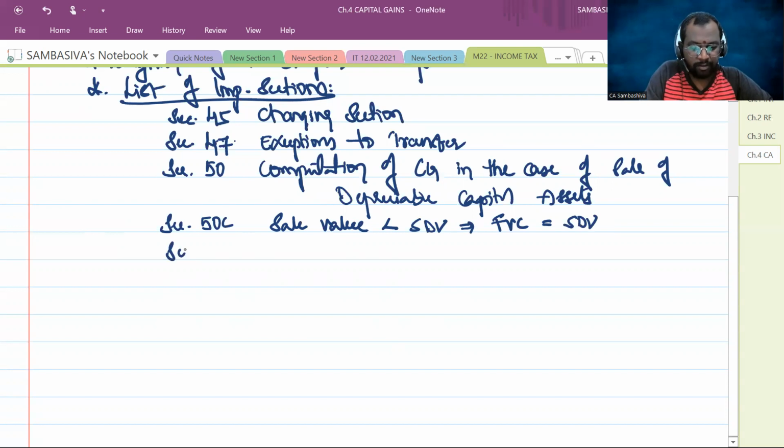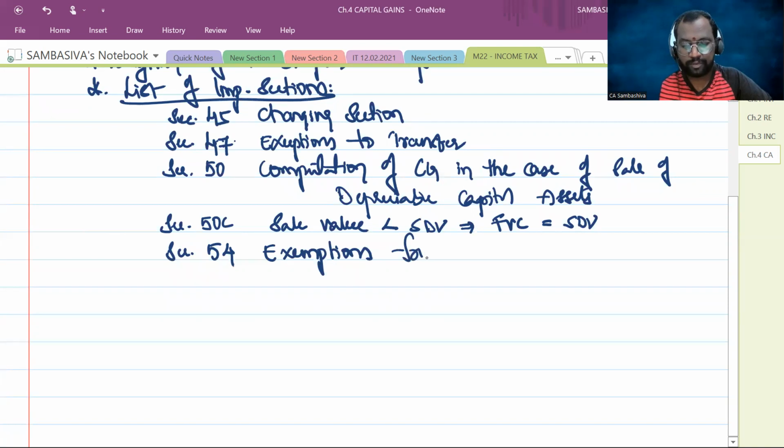And then we have to take section 54, which deals with the concept of exemptions from capital gains, and then two important definition sections.